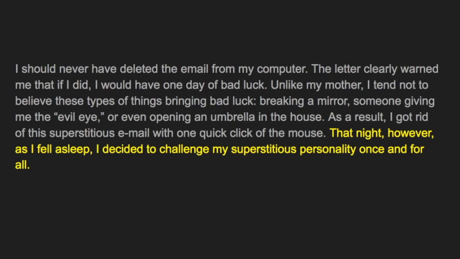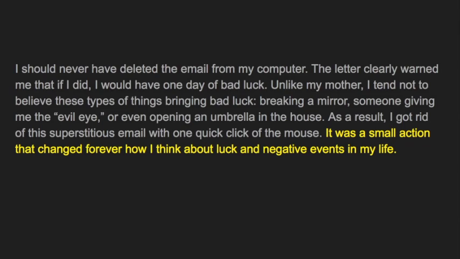Okay, so exactly the same introduction. Okay, so we're going off the previous sentence of deleting a superstitious email with one click of a mouse. So saying, it was a small action that changed forever how I think about luck and negative events in my life. So this is the overall idea of luck and negative events.